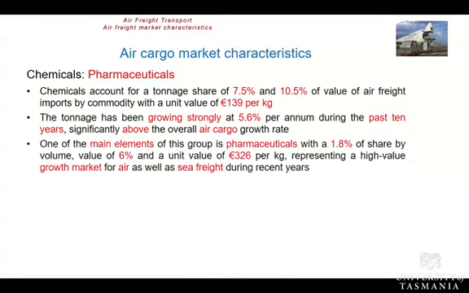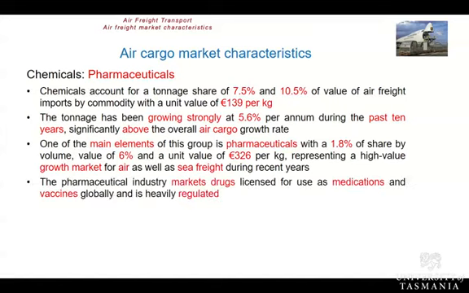One of the main elements of this is pharmaceuticals, and they've got almost a 2% share and expected to grow quite significantly. Value is quite significant at 6%, and 326 euros per kilo is particularly high. There is also a strong amount of interest from sea cargo to take advantage of this opportunity.